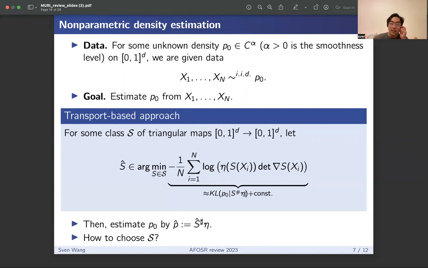And once you've learned such a map S hat by minimizing this objective, you obtain a plug-in estimate P hat just by pulling back the reference. So of course, a key question here is, how do you choose this class curly S of transport maps efficiently?